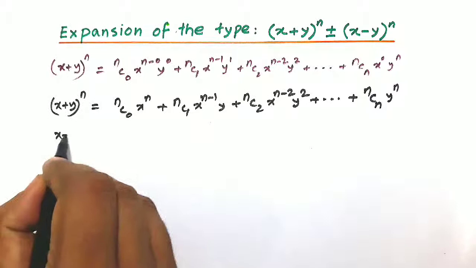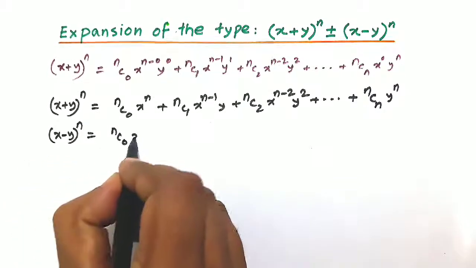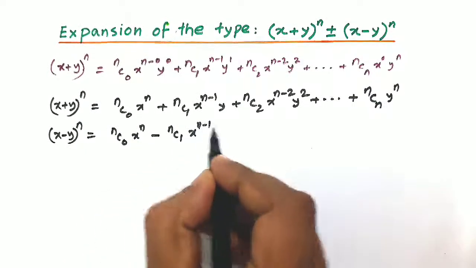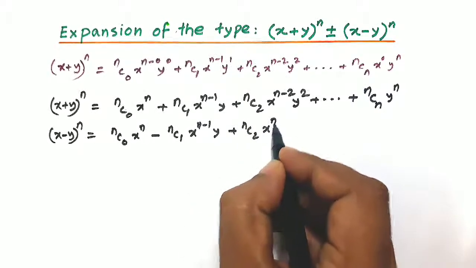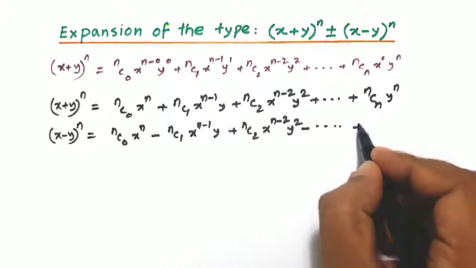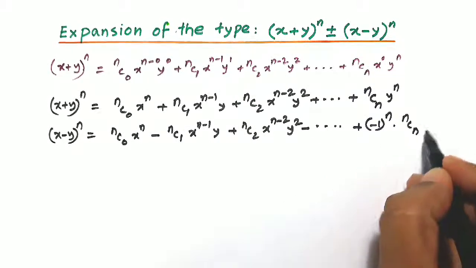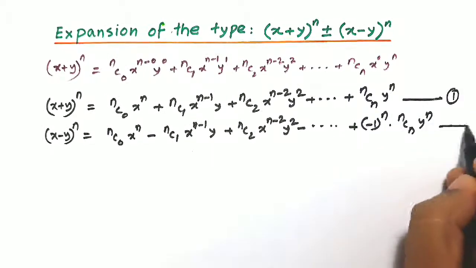In this way, (x − y)^n can be written as nC0 x^n − nC1 x^(n−1) y + nC2 x^(n−2) y^2 − and so on. The last term is (−1)^n nCn y^n. Mark the first one as 1 and the second one as 2.